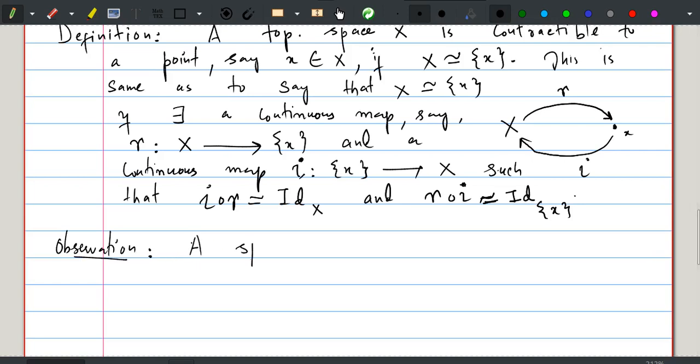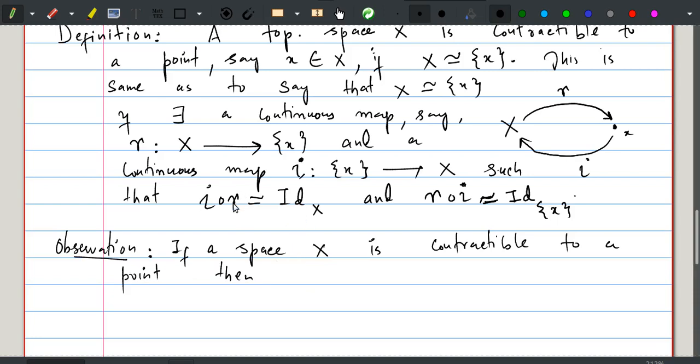If a space X is contractible to a point, then, I will represent this constant map just as a constant, the identity map on X is homotopic to a constant map.